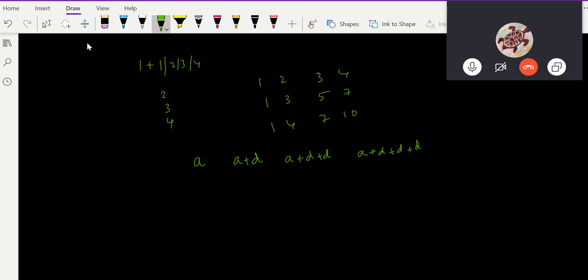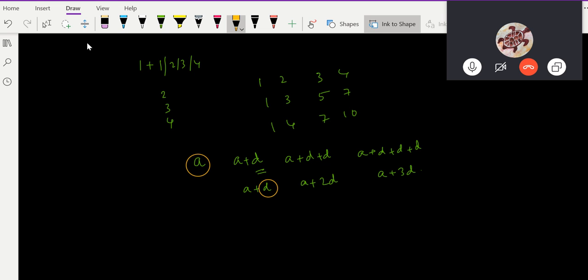I'm just adding d to every previous term, right? Which means this becomes a plus d, this becomes a plus 2d, this becomes a plus 3d, and so on, right? So we can see that we have two things. We have a first term, which we need to know, and we need to know the common difference. Then we can find out every term.